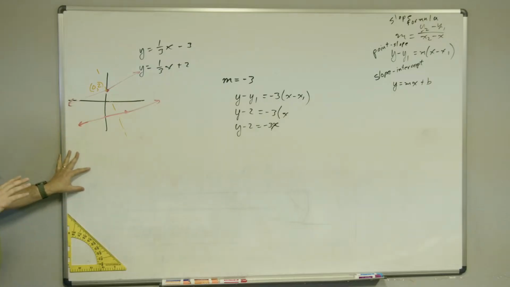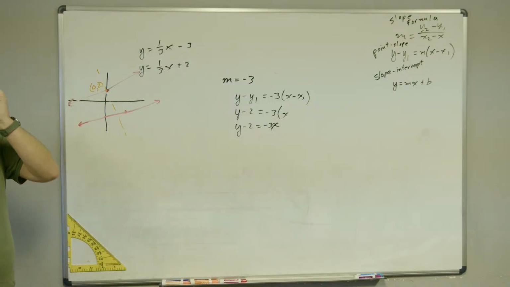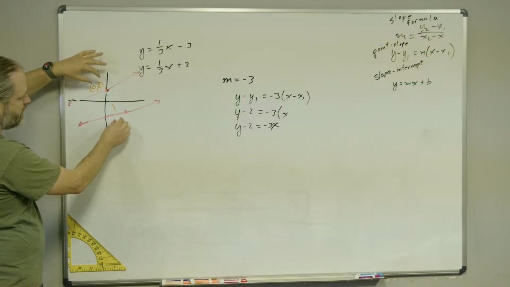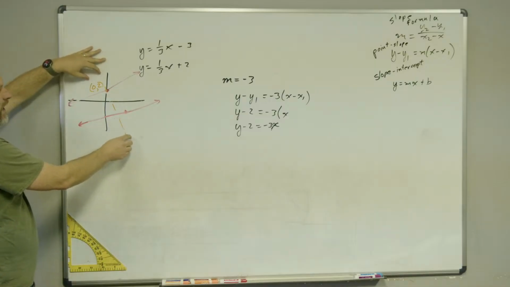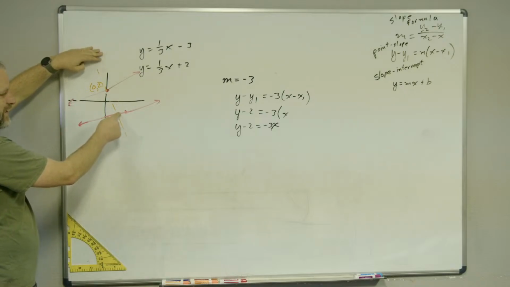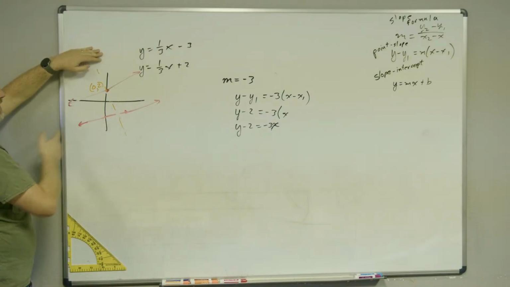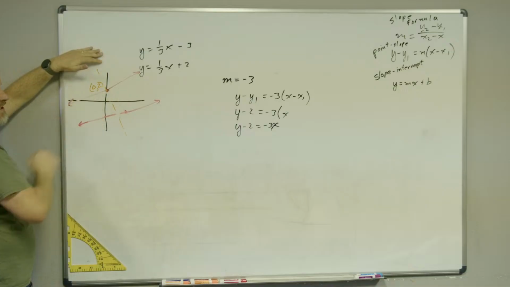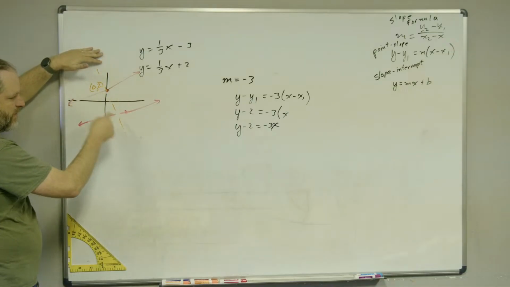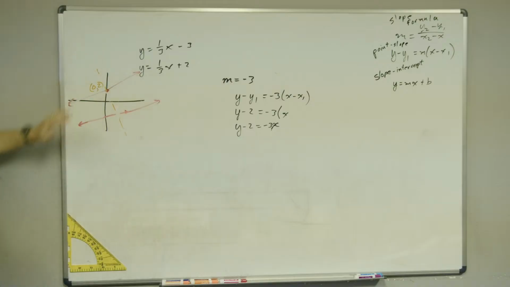There's just a lot, and it's very helpful if you can keep in mind what you're trying to do. What we're trying to do is find the equation of this line. Because then, if we know the equation of this line, we can use a system to find this point. And then we've got 2 points that we can use the distance formula on, right? So we're trying to find this point right here, the point where they cross. So to find where they cross, what are we going to do?